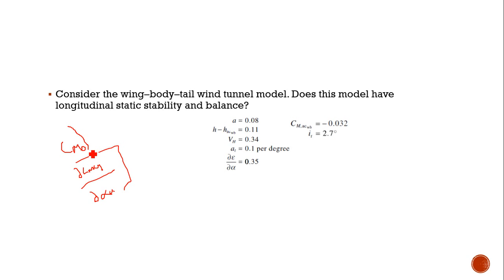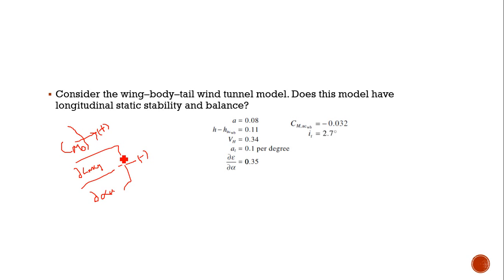For the aircraft to be stable, CM0 should be positive, and dou CMCG divided by dou alpha should be negative. Then only the aircraft will be stable. If the opposite happens, the aircraft is statically unstable and not balanced.